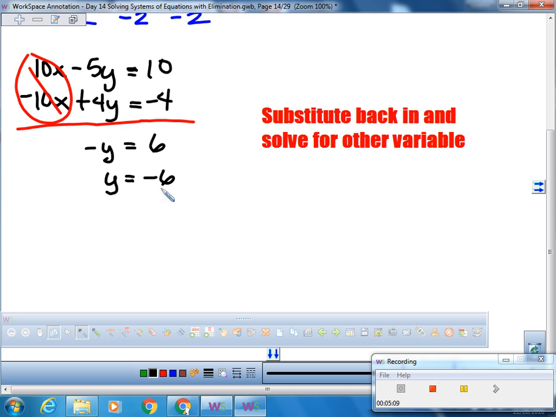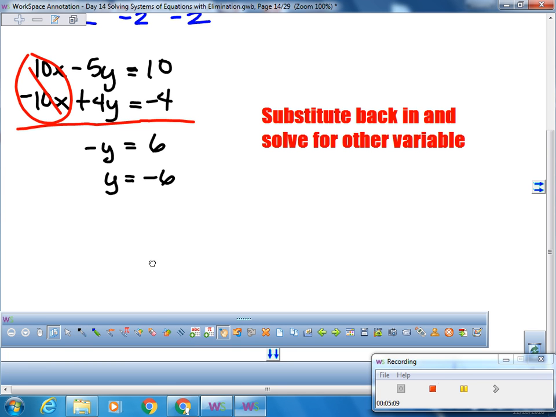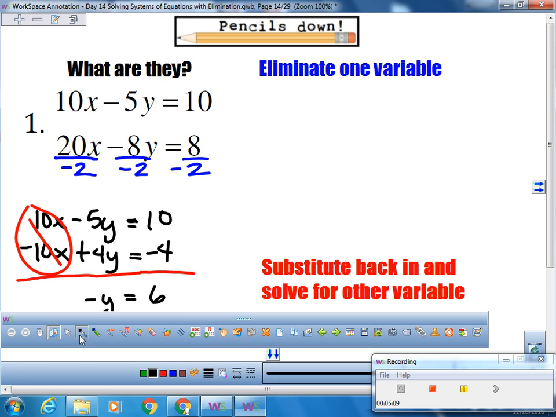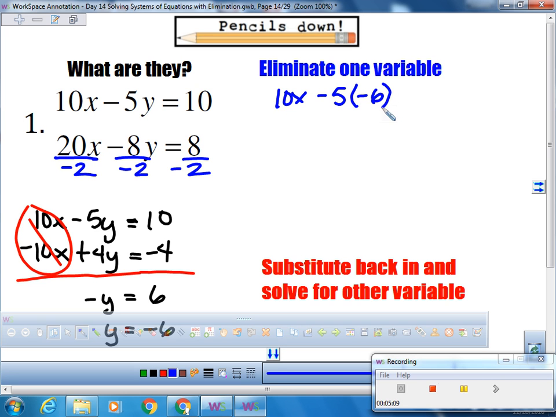Now I want to find out how much x equals. So if y equals negative 6, x minus 5 times negative 6 equals 10. 10x plus 30 equals 10. 10x, I'm going to subtract 30 from both sides, and I have negative 20.